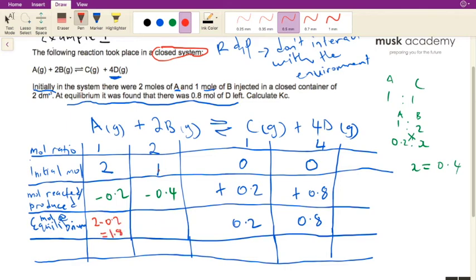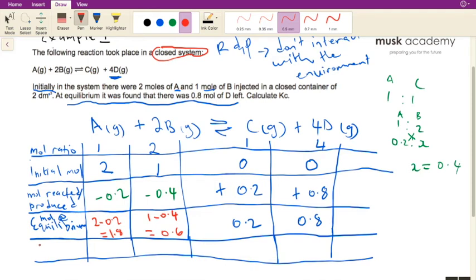And here you started with 1, then you react this, you are left with 1 minus 0.4, which is equal to 0.6. So the equilibrium number of moles for A will be 1.8, for B will be 0.6, for C will be 0.2, for D will be 0.8.